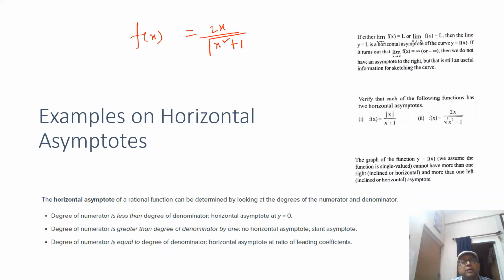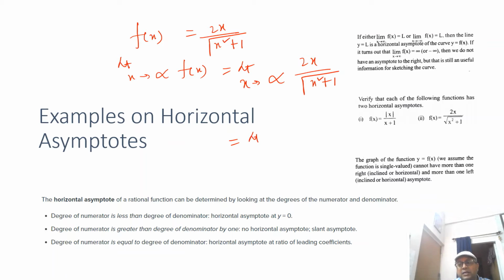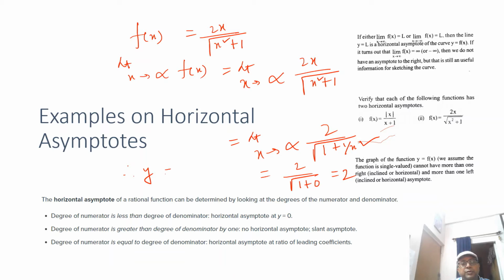So when you find the limit as x tends to infinity of f(x), this will give us the limit of 2x by root x square plus 1, which is nothing but the limit of 2 by under root 1 plus 1 by x square. So if you put the limit over there, it is going to be 2 by root of 1 plus 0, that is 2. Therefore y equal to 2 is going to be a horizontal asymptote over there.